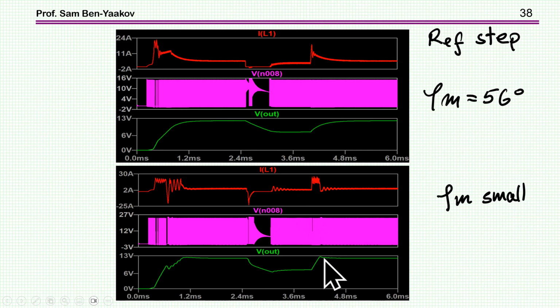This is actually expected because if you have oscillation, then it should go up faster than without oscillation. Here we see also that the inductor current is sort of clamped to a high current, while here it's tapering off. So this explains this fast response here as compared to the response here, which has a tapering inductor current.